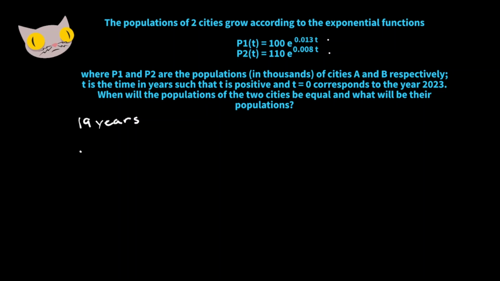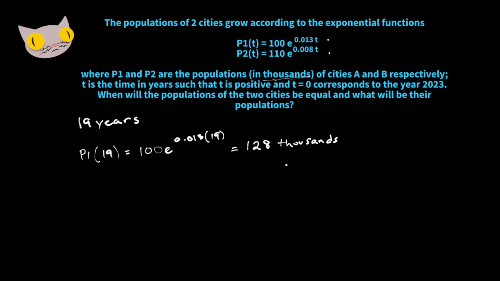So now let's take this value for t and let's plug it into our original equations. So for P1, let's do P1 of 19. That's going to give us 100 e to the 0.013 times 19. And that's going to give us about 128 thousands, because our population is in thousands.